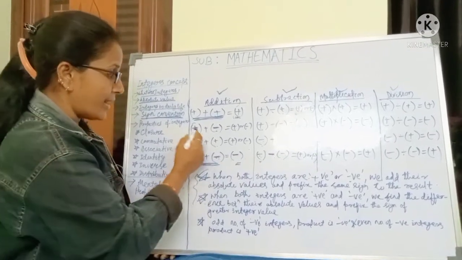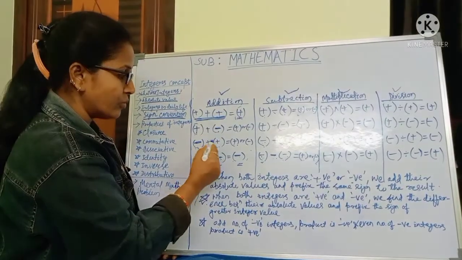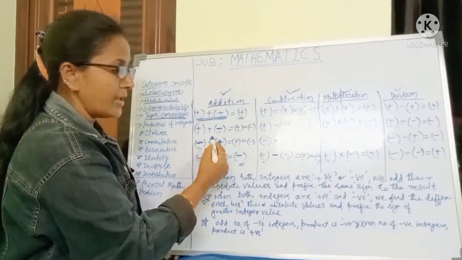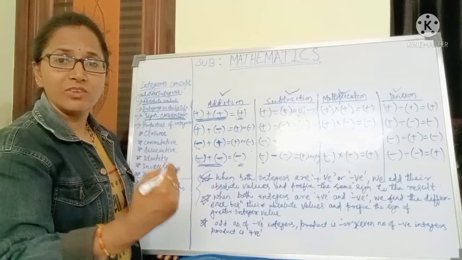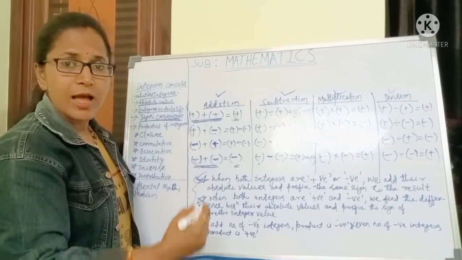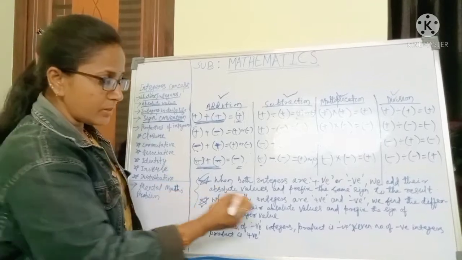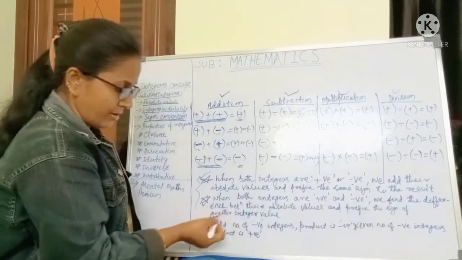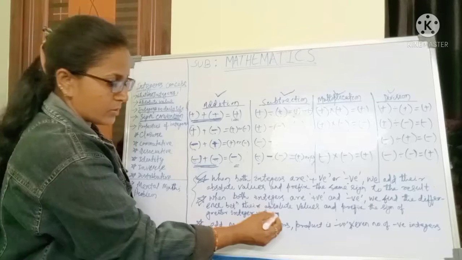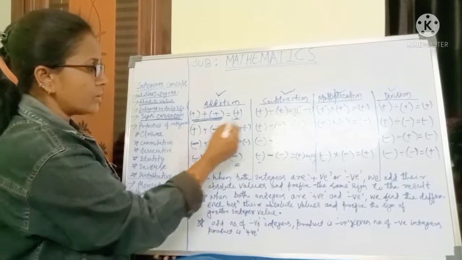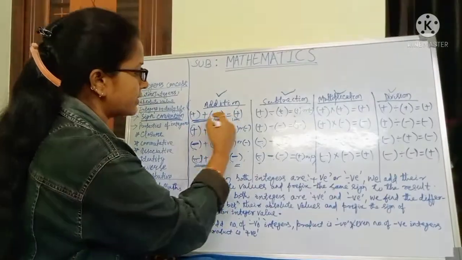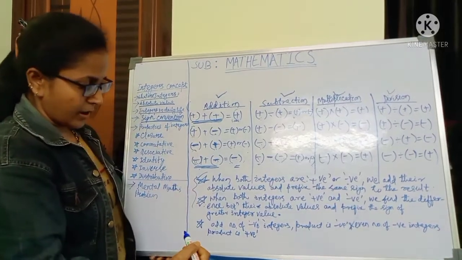But when one is negative and one is positive, you find the difference of their absolute values and prefix the sign of the greater integer. These two rules we consider when doing addition.